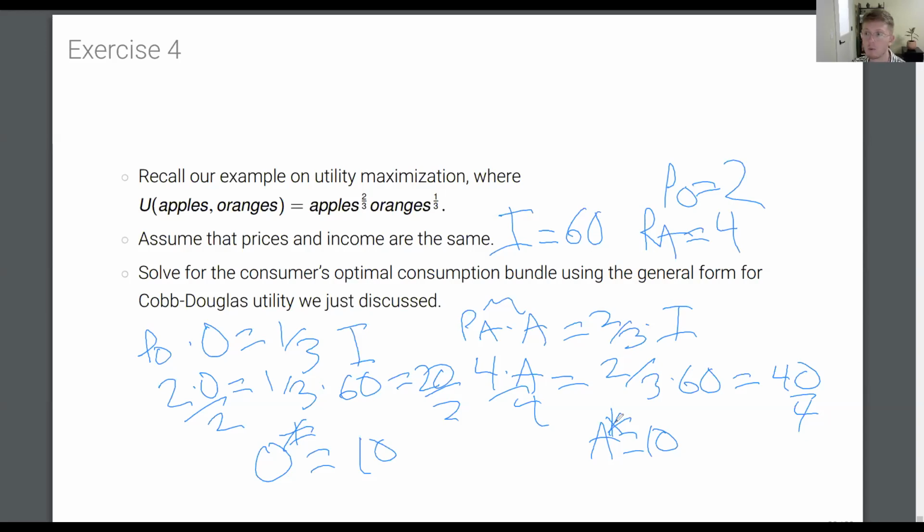So that's a really quick way to do all of the math. I really highly encourage you to memorize that, or at least keep the intuition in the back of your mind, because otherwise, in order to solve a lot of things in this class, you'll have to equate relative prices to relative marginal utilities, and that takes a lot more work, and I advise you not to do that. So that's all I have for this section.